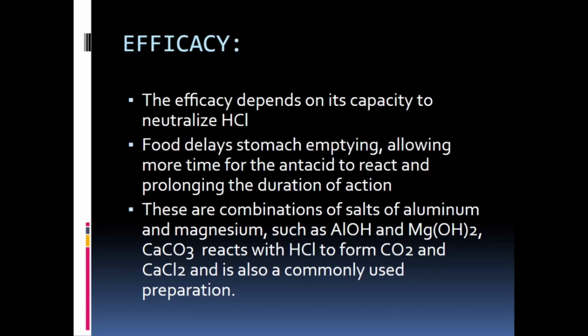So what pharmacists did was combine both salts, aluminum hydroxide and magnesium hydroxide, to make a new product which neutralizes the adverse effect of each other. One is constipation, the other is diarrhea. Is this clear?